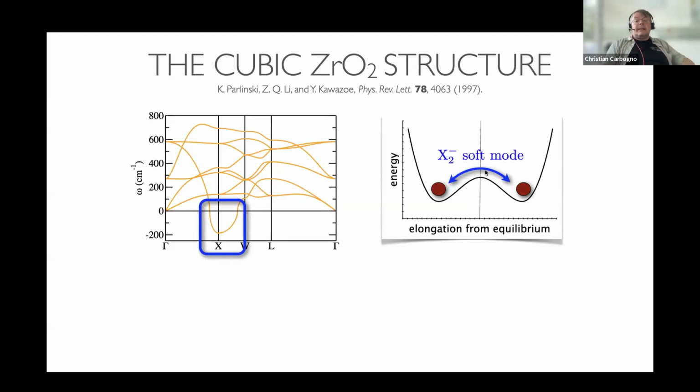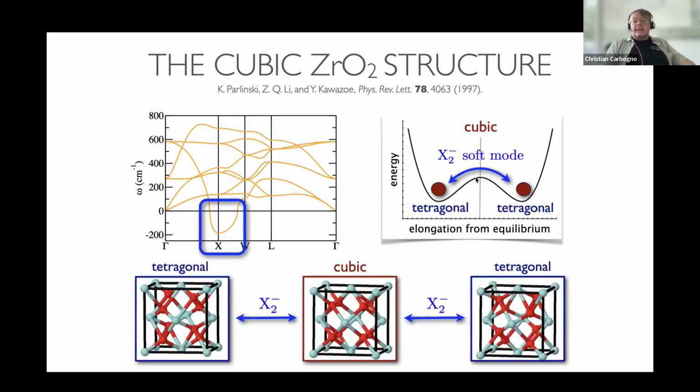In other words, if you look at the potential energy, the cubic structure is sitting here not at the minimum of the potential energy surface, but at the maximum. And it would actually like to relax down to one of these two minima. You can go a little bit more into the structure and analyze that. And what you really see is that the cubic structure is really the maximum here of this potential energy.